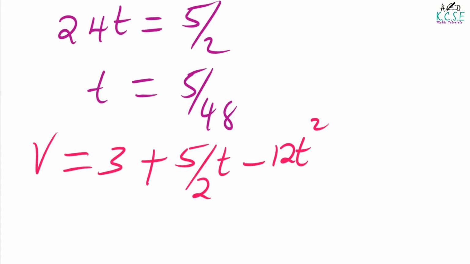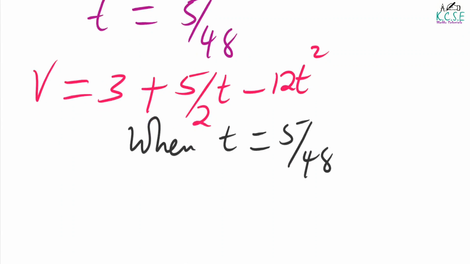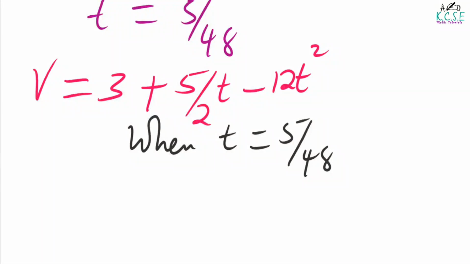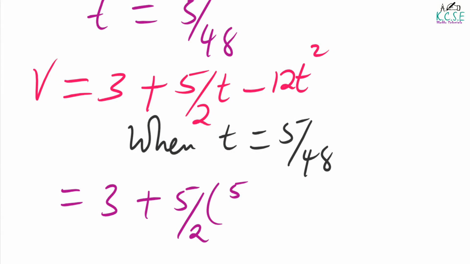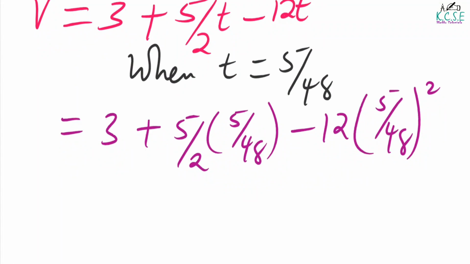So when t is 5 over 48, that is when it attains the maximum speed, what will be the speed? So we simply need to substitute 3 plus 5 over 2 times 5 over 48 minus 12 times 5 over 48 squared. So this is the expression we need to substitute, and then we get the speed.